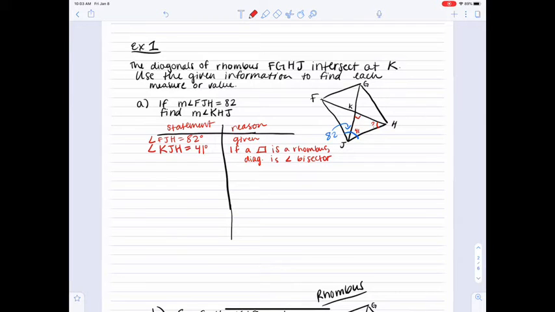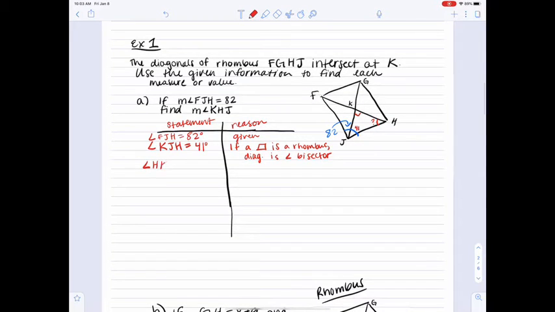So I'm also going to say that angle HKJ equals 90 degrees. And that's because diagonals of a rhombus are perpendicular.